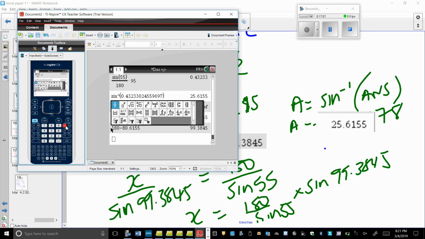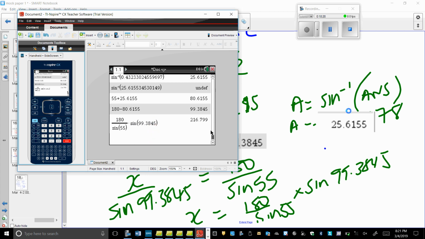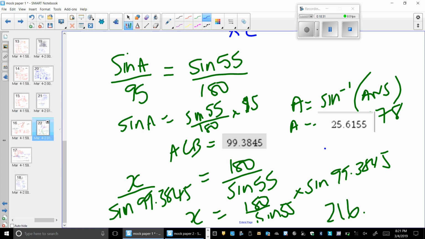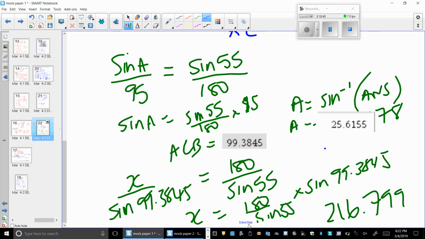So 180 over sine 55 multiplied by sine of 99.3845 gives us 216.799, and they want their answer to 3 significant figures, so that is 217.